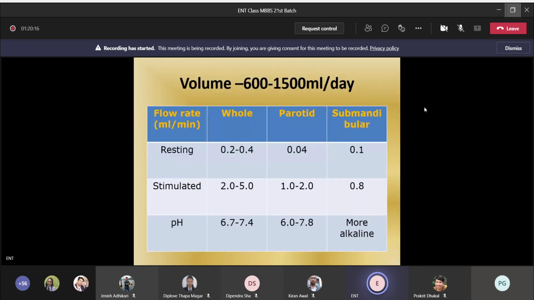These are the composition. Volume: around 600 to 1500 ml of saliva is secreted per person per day, and these are the distributions from the different glands.